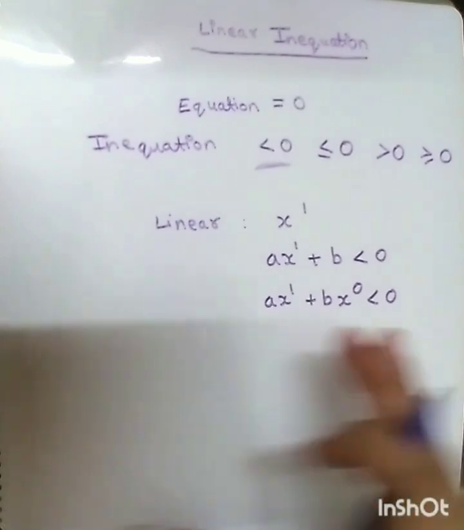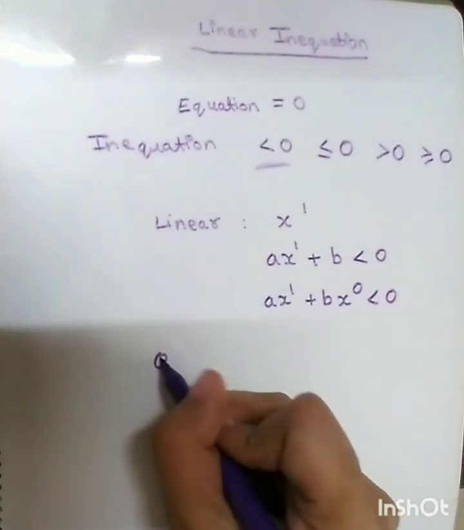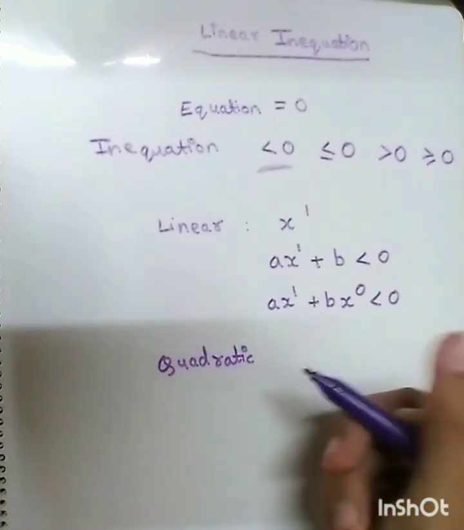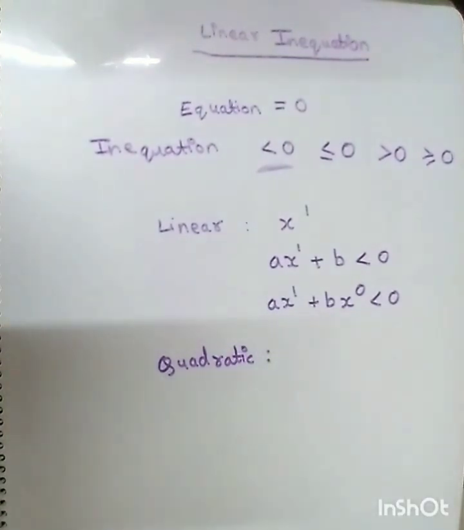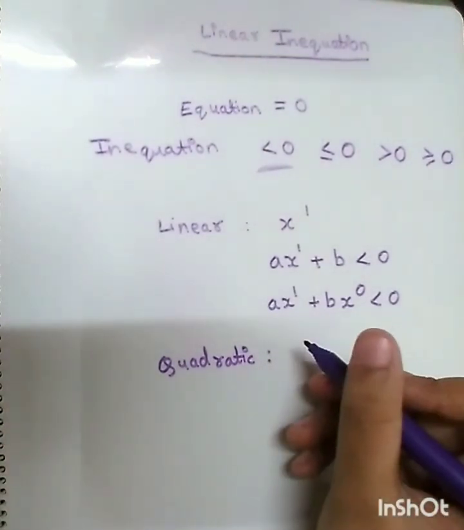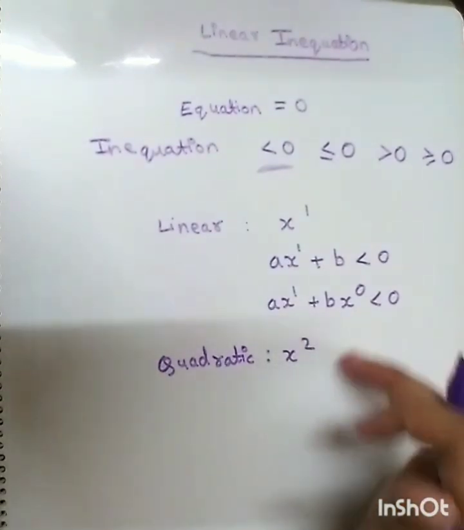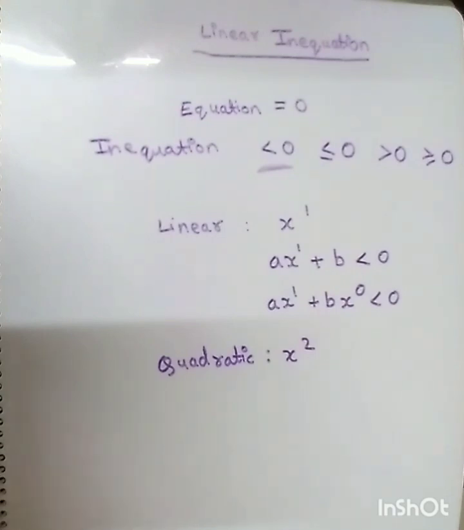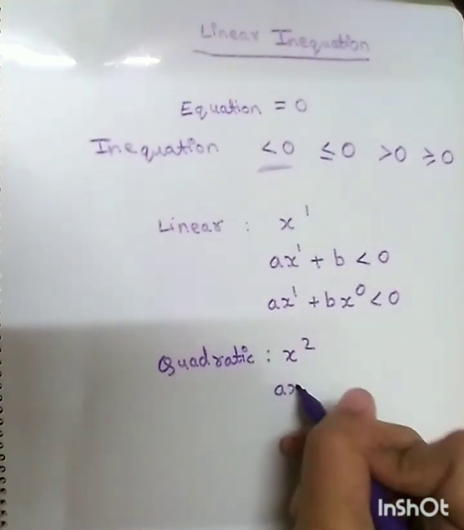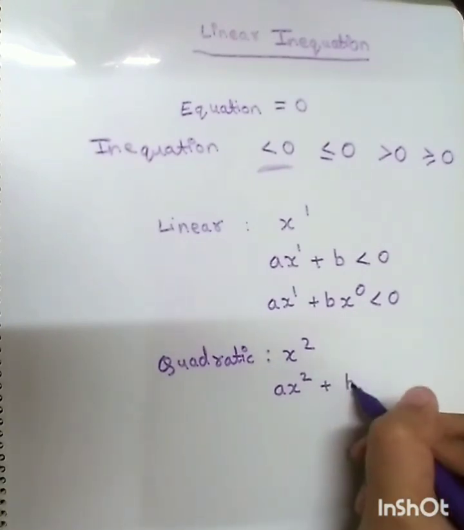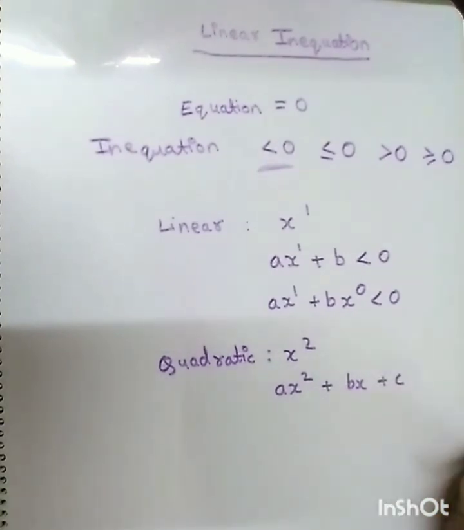If this is the meaning of linear, what does quadratic mean? Because our next chapter would be quadratic equations. Quadratic means that x has the maximum power of 2, so it can be written as a into x to the power 2 plus bx plus c.